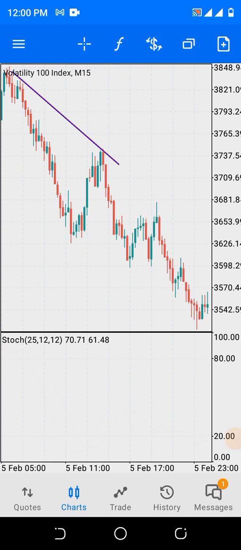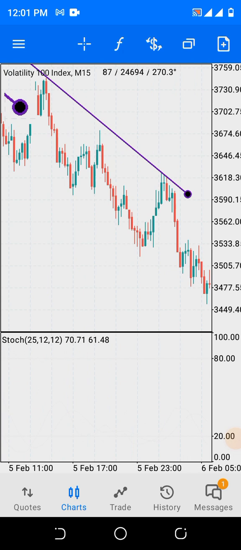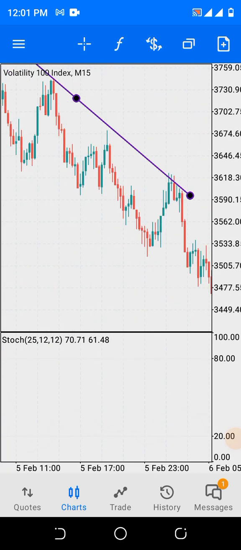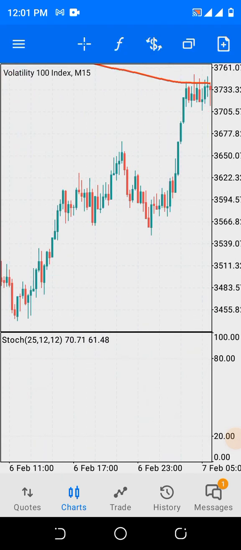Now you extend it, wherever the market touches this trend line, the top time, that is what you are entering. All these points where the market touches the trend line are your entries. So with this trend line, you will get a perfect entry. That is for sell.